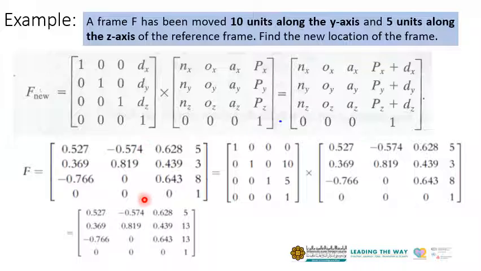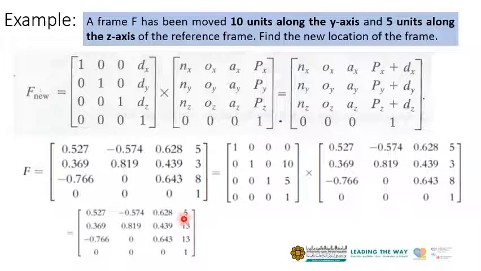This is given in the question. So this is your original frame. You do the multiplication of the translation matrix with your original matrix, and you will end up getting this one. You see here, even if you do the multiplication, the orientation matrix will never change because it is pure translation.